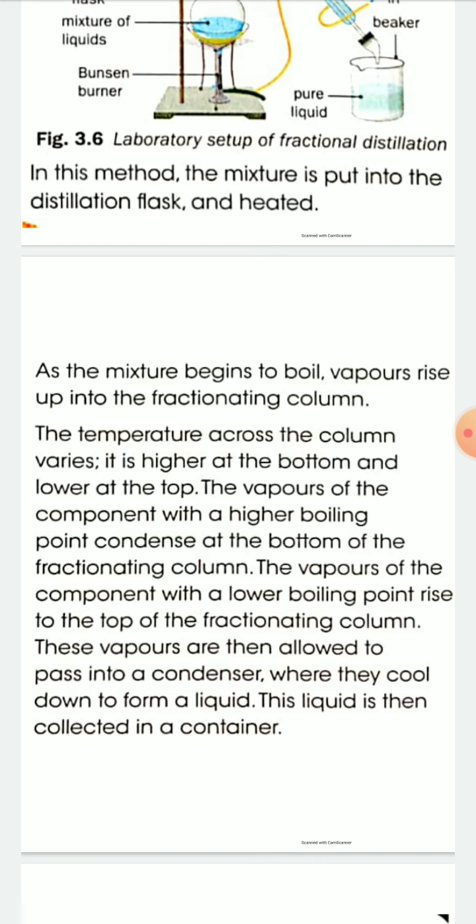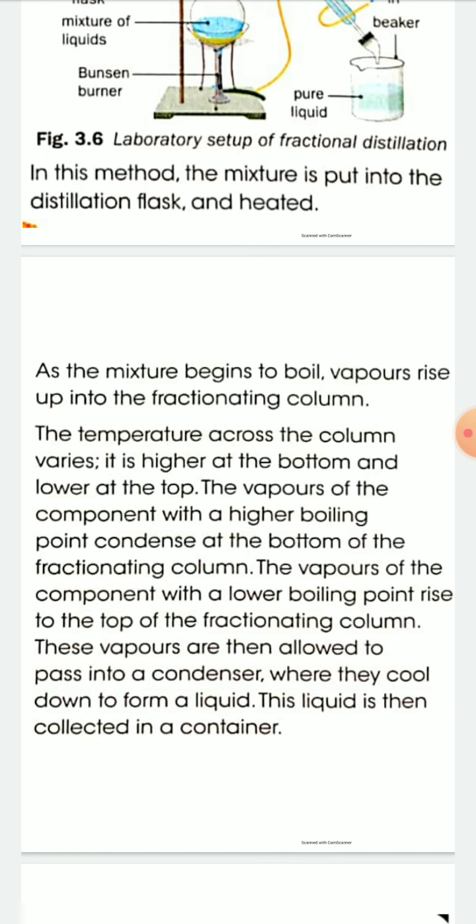The vapor of the component with the higher boiling point condenses at the bottom of the fractionating column, and the vapor of the component with the lower boiling point rises to the top of the fractionating column.